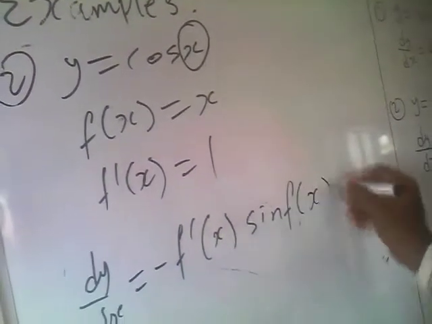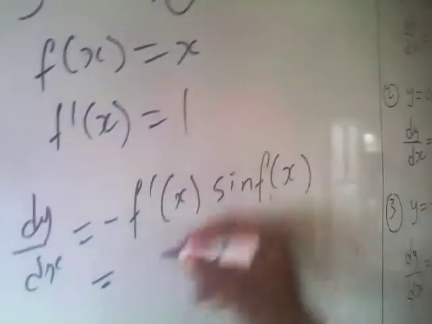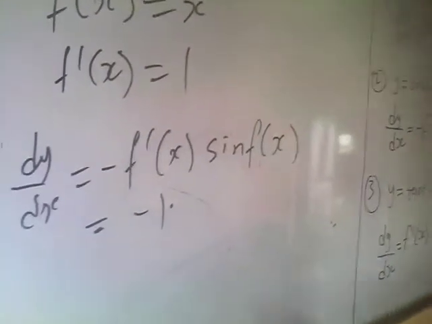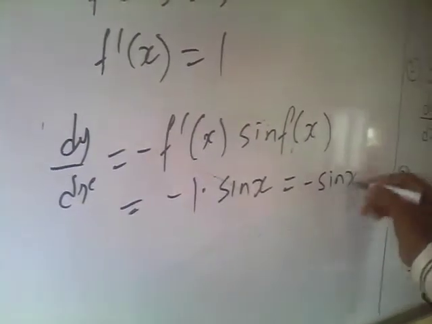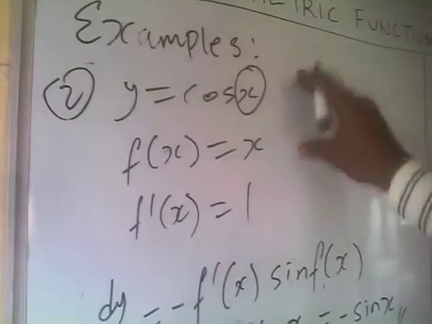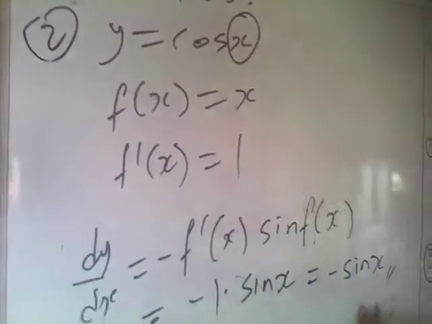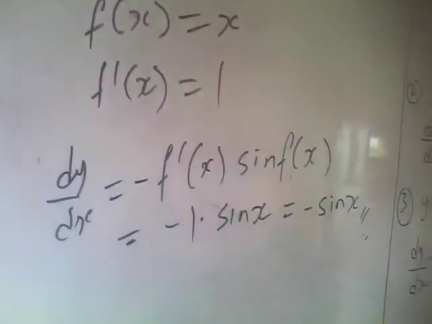The formula is already stated there. Our f prime of x is 1, so that's minus 1 times sine f of x, which is x, so that's minus sine x. So if y is equal to cos x, then the derivative will be minus sine x.